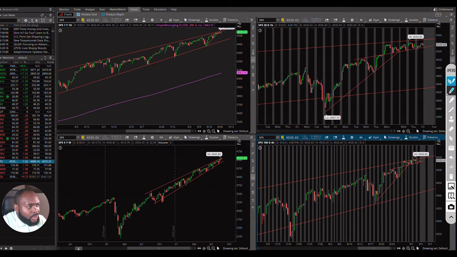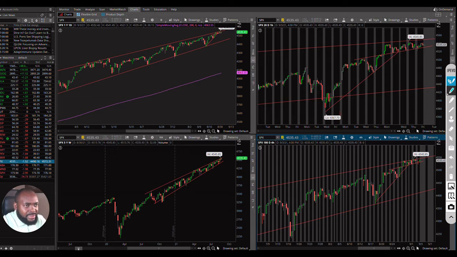So what I'm looking at is, does the market start breaking down below the short-term support level here? If that happens, then on the daily time frame, we'll look to see the market pull back to the support of the channel. And until the market comes down, breaks the support of the channel and starts to move lower, there is nothing really to worry about on the downside.